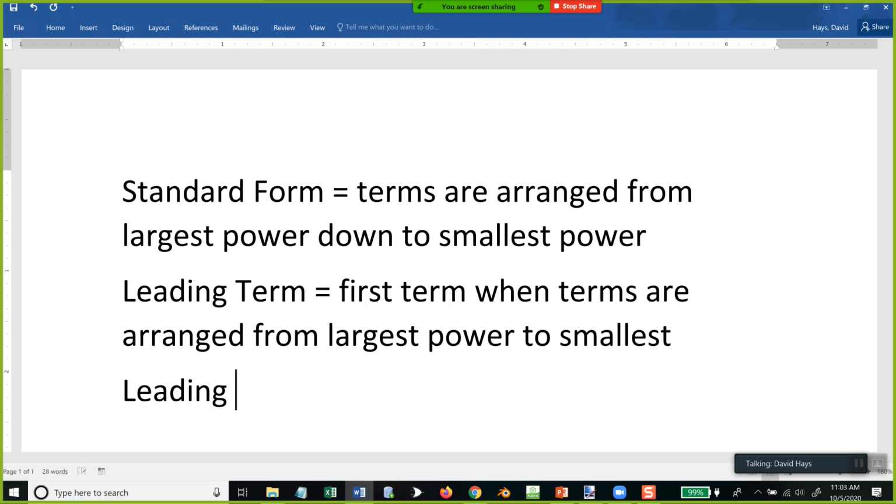Then we have leading coefficient. This is the coefficient of the leading term.